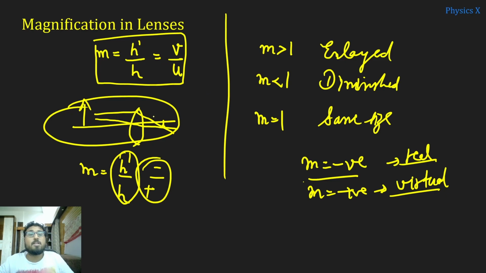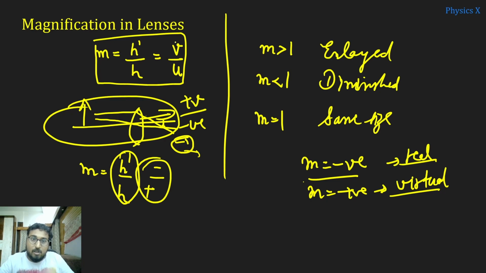Because a real image will be on the opposite side of the lens. The object will be on this side and the image will be on this side. So in this case v will be positive and u will be negative. Positive in the numerator and negative in the denominator means that the magnification sign you will get is negative, which indicates that it is a real image.